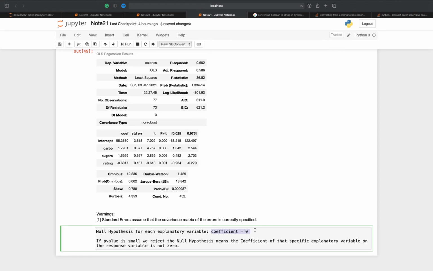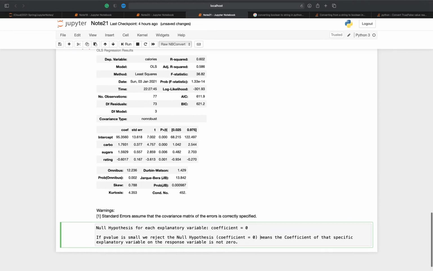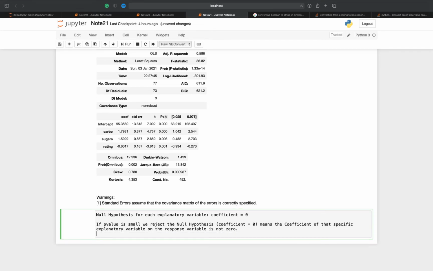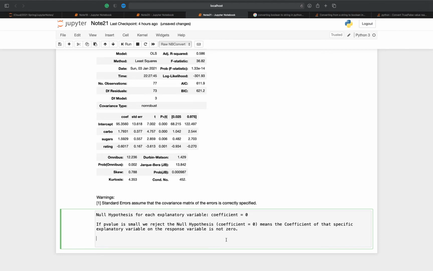When I'm rejecting this one, it means the coefficient of that explanatory variable on y is not 0. If I cannot reject the null hypothesis, it means the coefficient is 0.